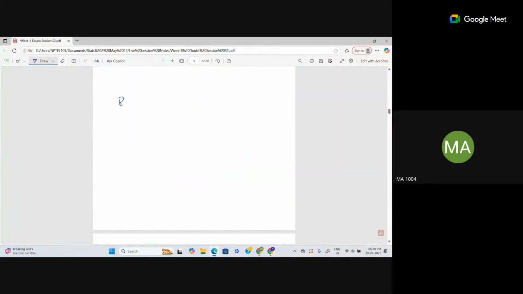Here the sample size is given, which is 64. So this average value should be less than 7. This is something we have to calculate, right? So x bar is given, so we have to subtract its mean and divide by the standard deviation. Or you can convert this x bar into a summation and then divide by n, transfer this n to both sides, then subtract the mean of this sum and divide by the standard deviation of the sum.